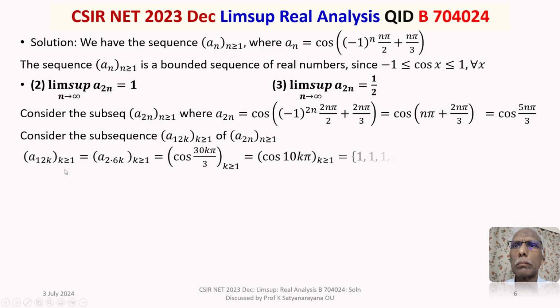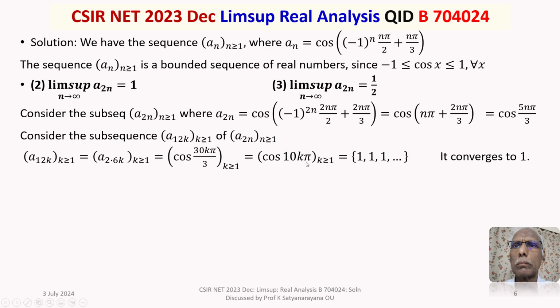Now, a_12k, k greater than or equal to 1, is a_2.6k. That means in a_2n, substitute n equal to 6k, k greater than or equal to 1. Then that will be cos of 5 into 6k pi by 3. That is cos 30k pi by 3, that is cos 10k pi, k greater than or equal to 1.